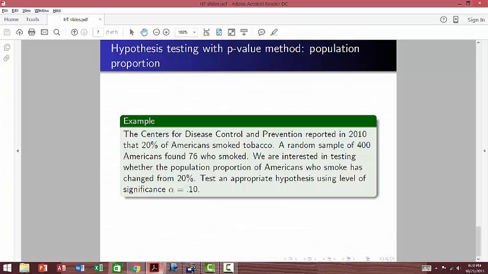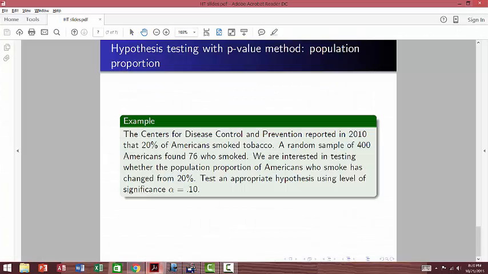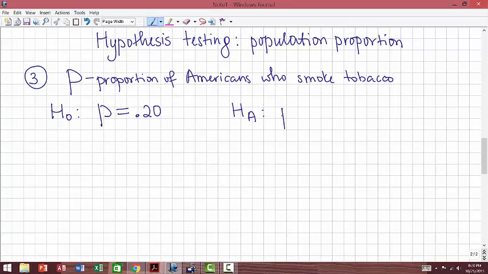The null hypothesis says that in 2010, the proportion was 20%. So I'm going to write p is equal to 0.20. The alternative is in the question. We're interested in testing whether the population proportion of Americans who smoke has changed. So I need to write p is not equal to 0.2.